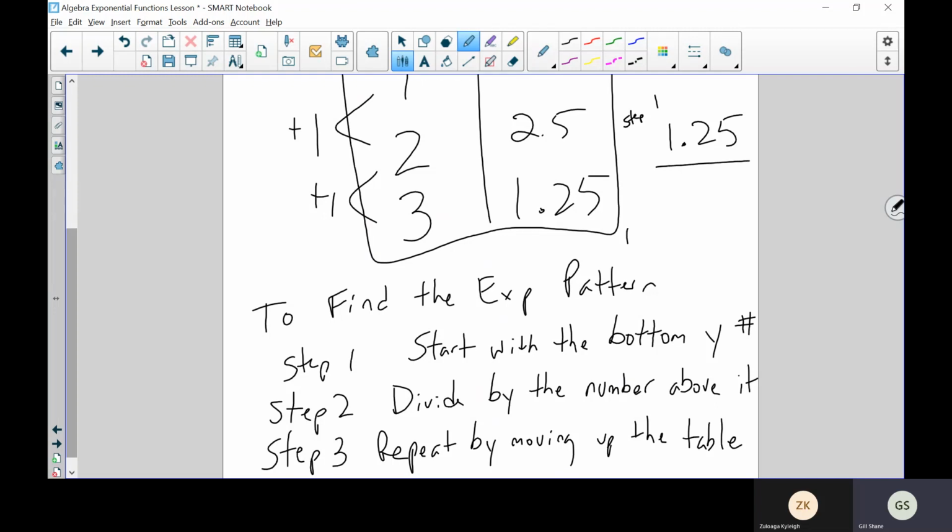If you'd rather write it in your notes, you could do 1.25 divided by 2.5 like that. I'm going to write it the way I normally write division, the way you'll normally see it. In a calculator, this is how you put that in.